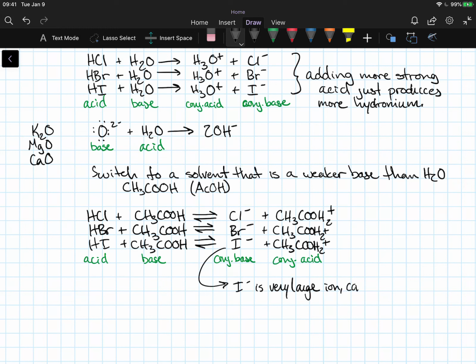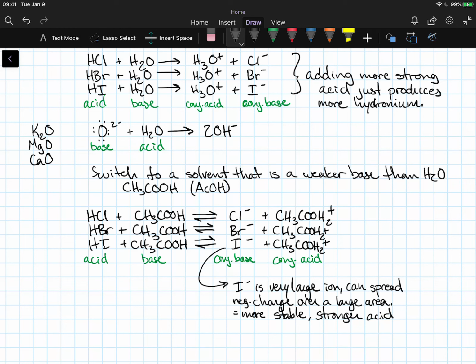So that means it can spread that negative charge over a large area. This stabilizes the molecule, makes it happy, so it's more stable. Which means that the more stable the conjugate base is, the stronger the acid.